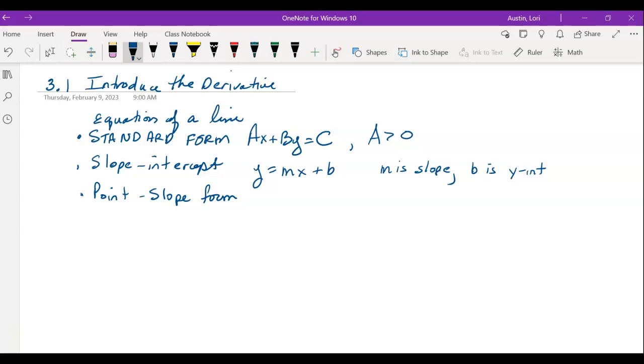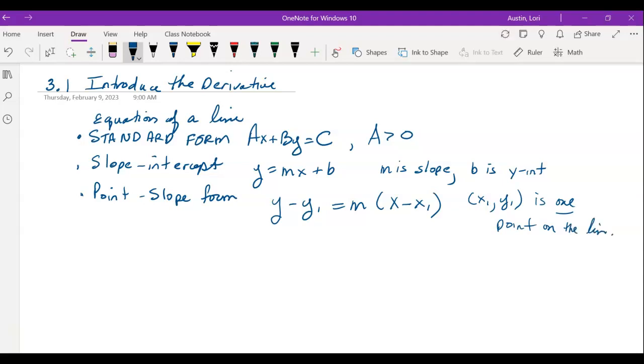So the point slope form itself looks like this, where (x1, y1) is a point on the line. Okay, so here's the deal. Quick example.